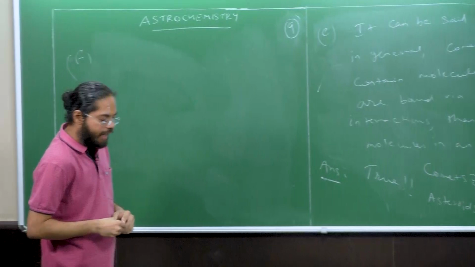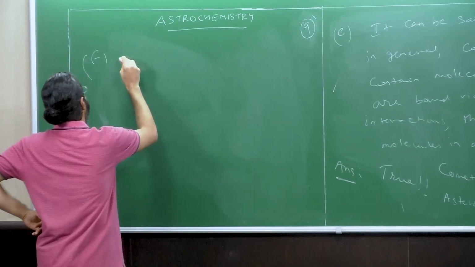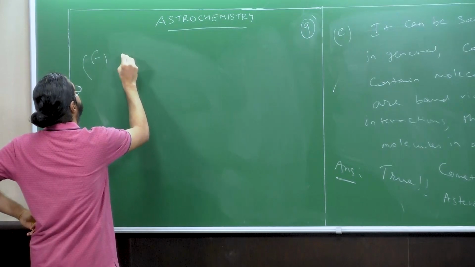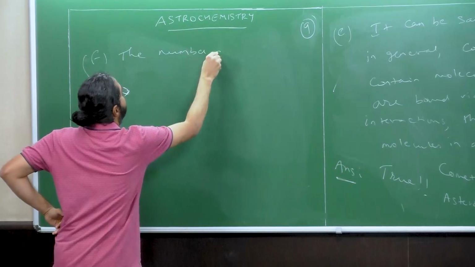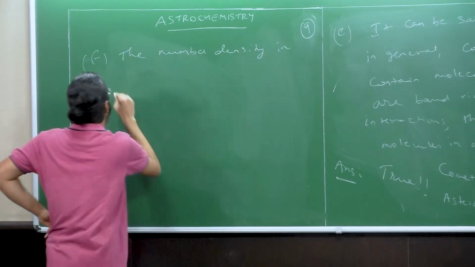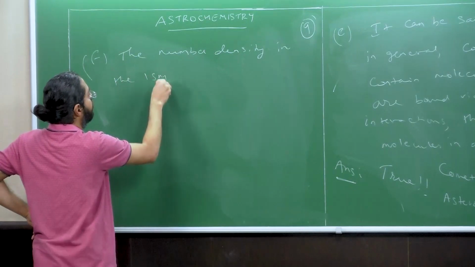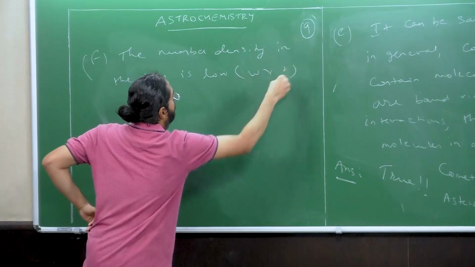So the question is, I'm just writing down the statement now. It is that the number density in the ISM is low with respect to Earth.